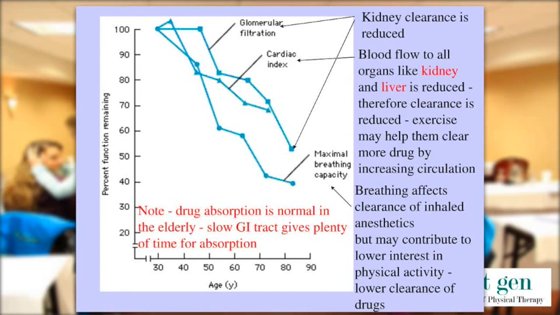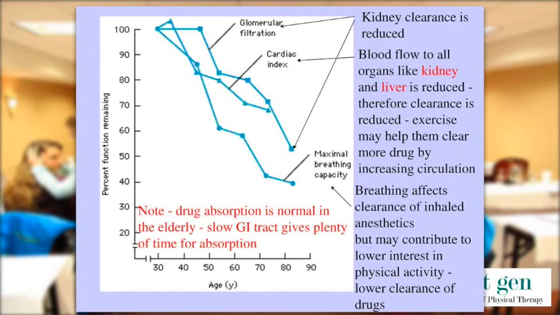And we can also help out with this from an exercise standpoint, because being more physically active can help them clear drug out of their system in a more timely fashion by increasing circulation, just helping them from overall blood flow. And then the breathing that happens with exercise can help with any inhaled medications that they might have, such as an asthma inhaler.